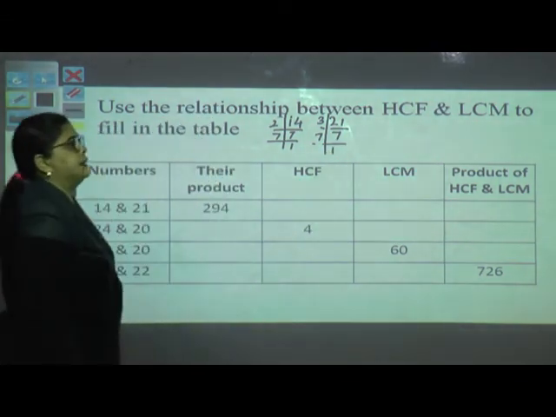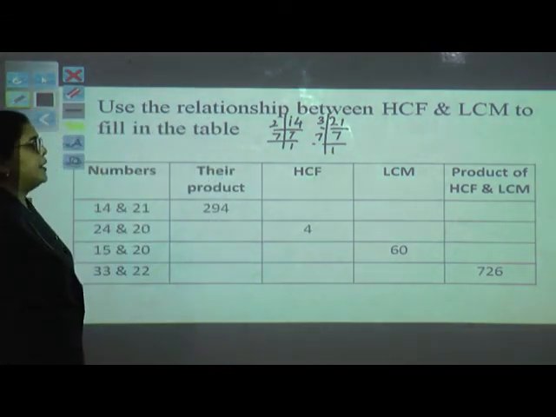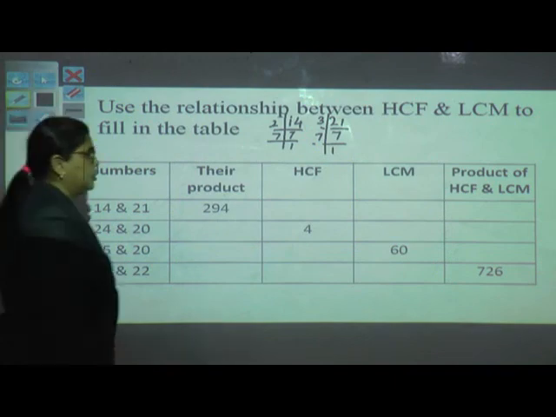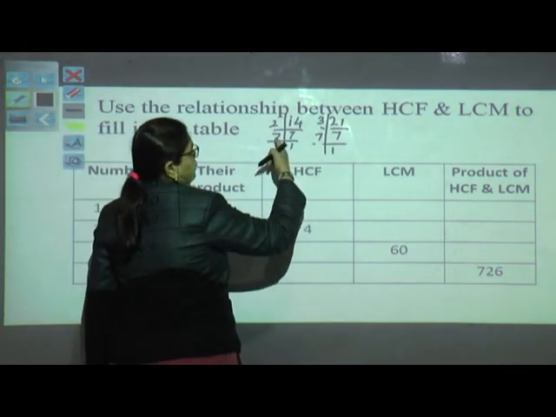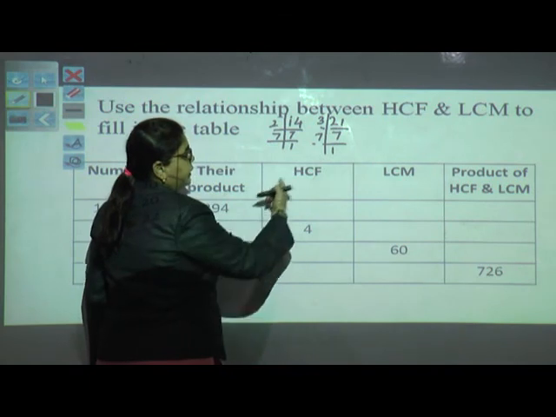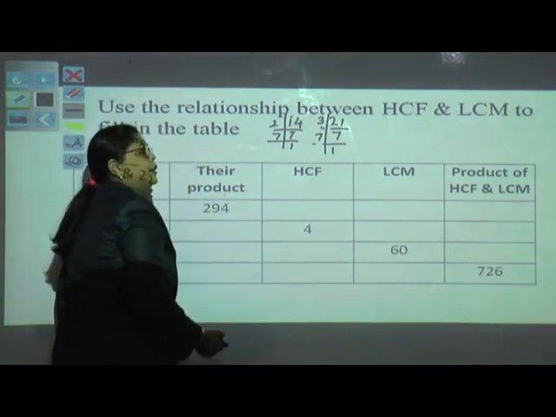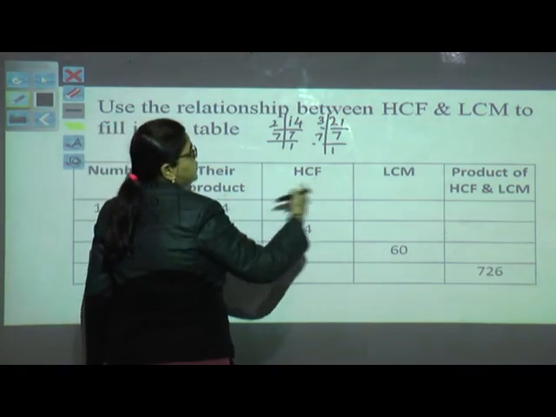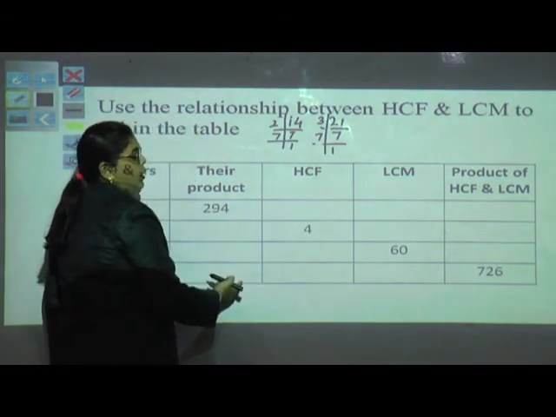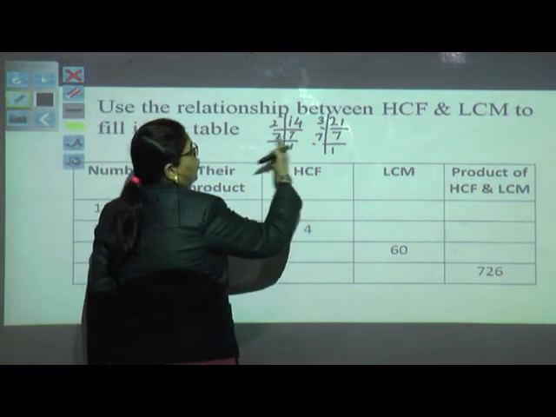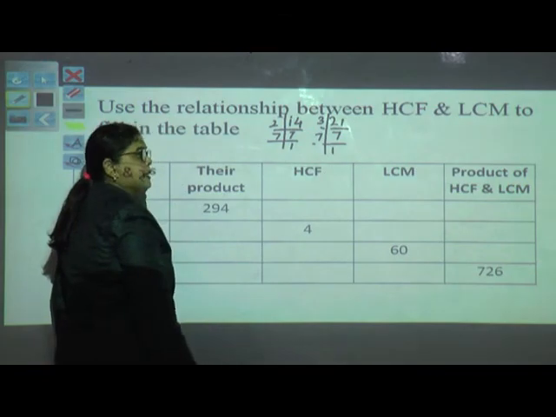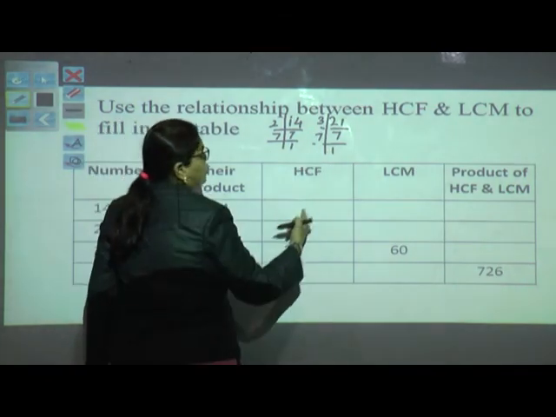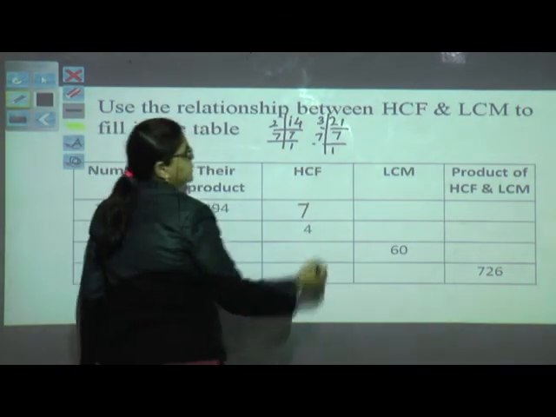What is an HCF? That is the highest common factor. I am not going to write it out practically in detail, because we have already done it in previous classes and we just have to fill the table. So we will write the common factor which is the highest one, that is 7. So our answer is 7.